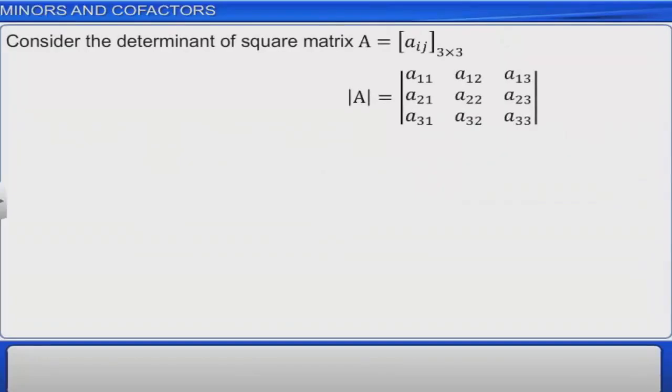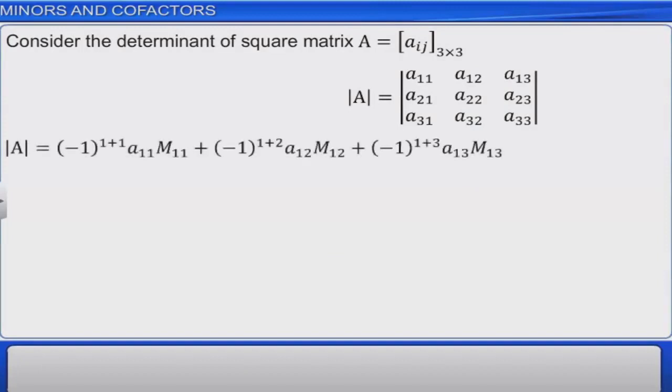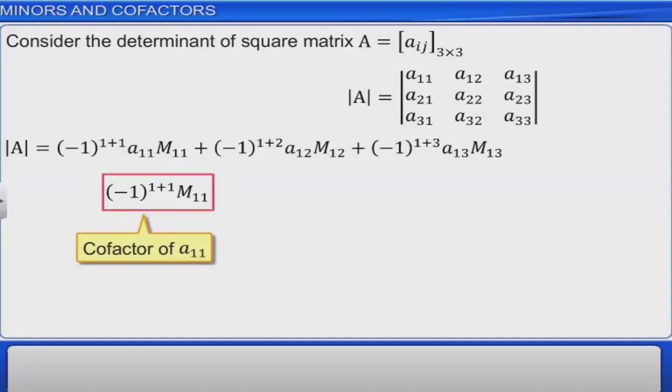Let's observe the expansion of the determinant of A along the first row in terms of minors again carefully. The minor of A11 together with (-1) raised to the power of 1 plus 1 is known as the cofactor of A11.